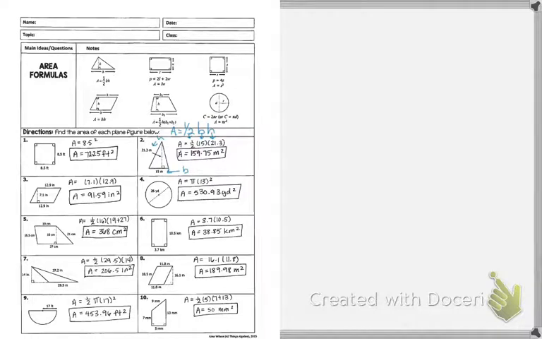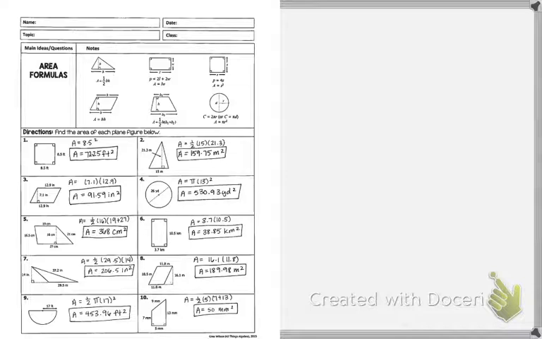The rest, all of this here, is simply calculator, or your brain. So we continue on to number 3.